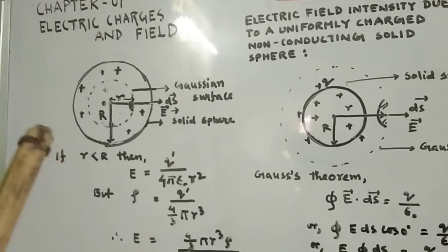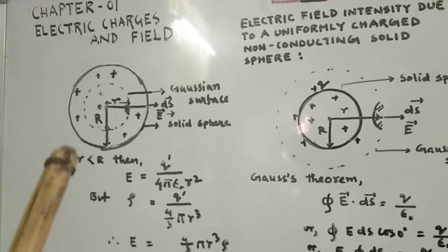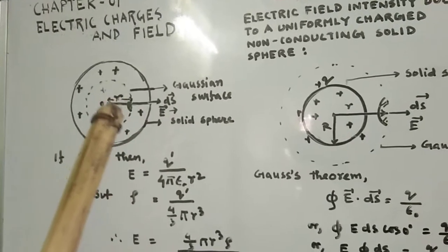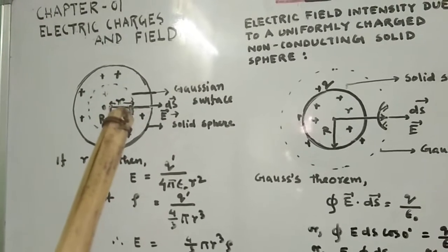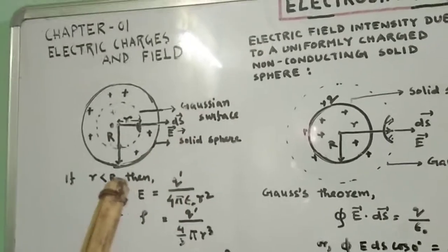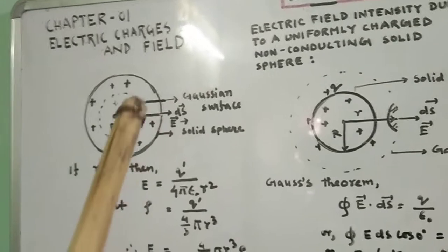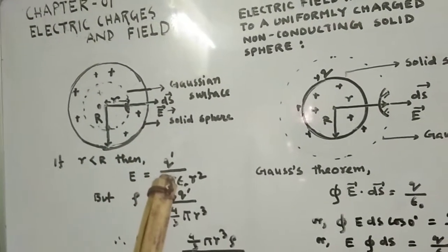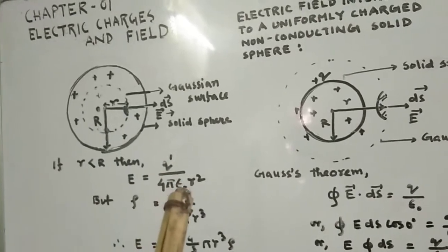Now if you have to define the field intensity at this point, you have to consider a small element. Let me consider the small element is ds. So ds will be outward and the field will be outward. So if you have to define the field intensity at this point, then the expression will be E equal to q dash by 4 pi epsilon naught r square.